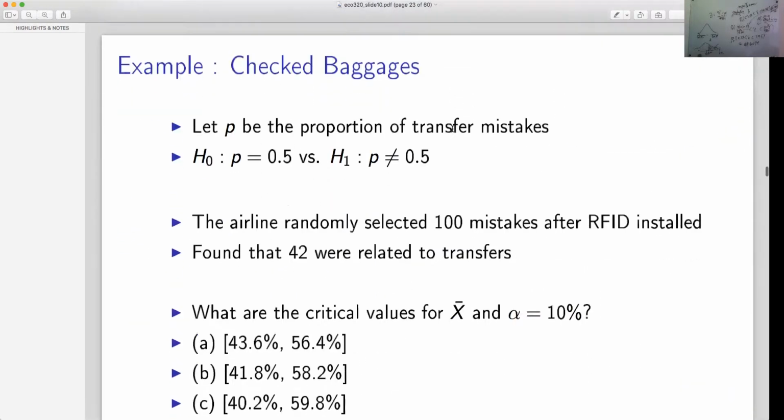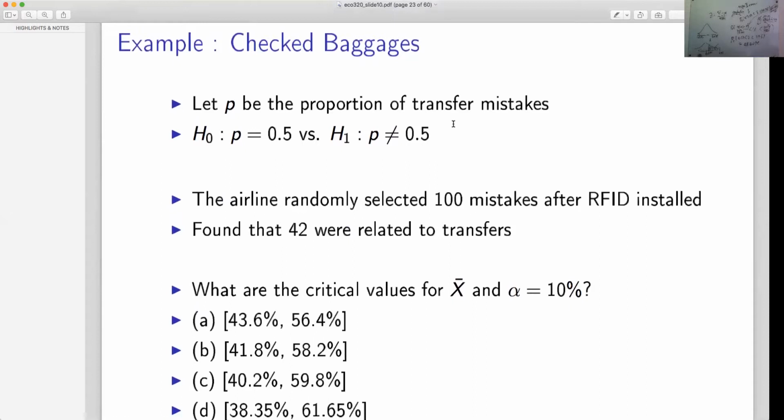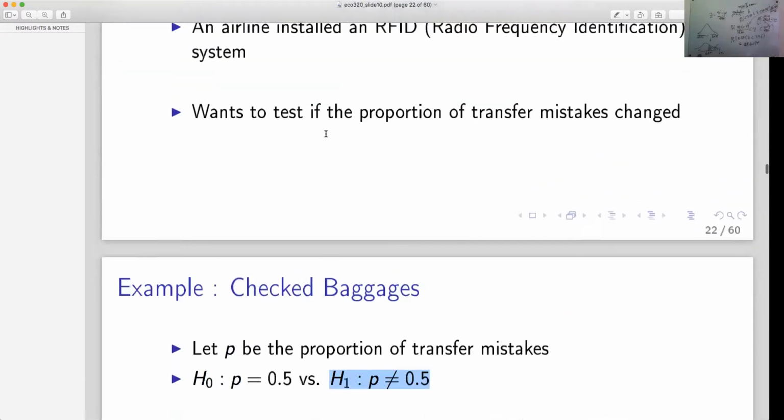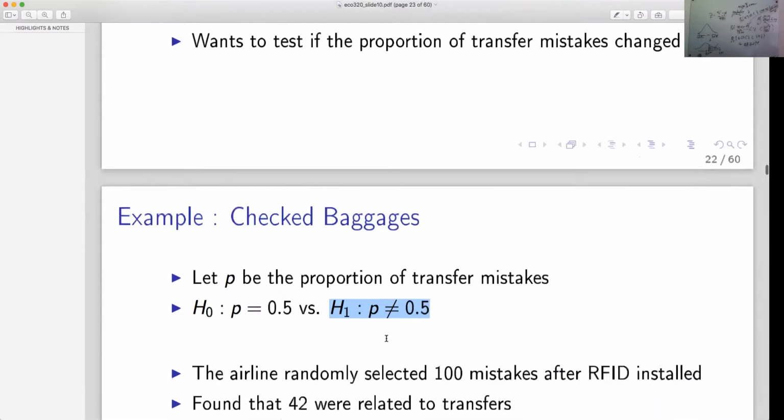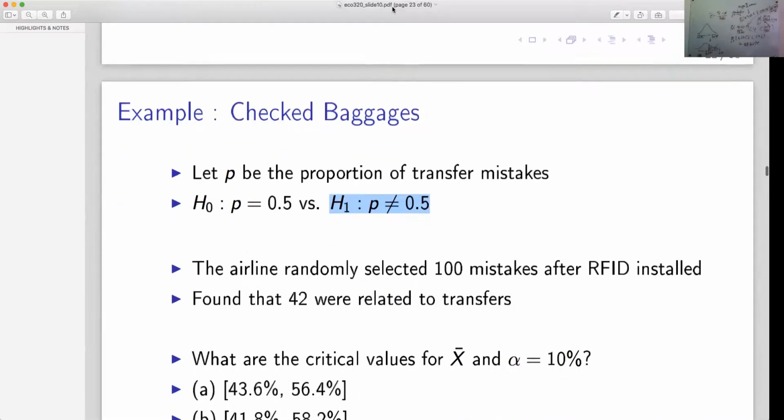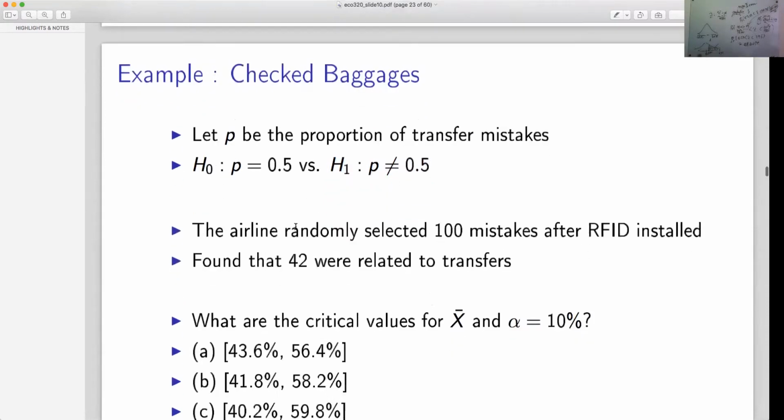So let P be the proportion of transport mistakes. So P equals 0.5 versus not 0.5. It used to be 0.5, right? But we are testing whether it is 0.5 or not. So again, we are still dealing with the two-sided test, but I'm going to extend it a little bit later.